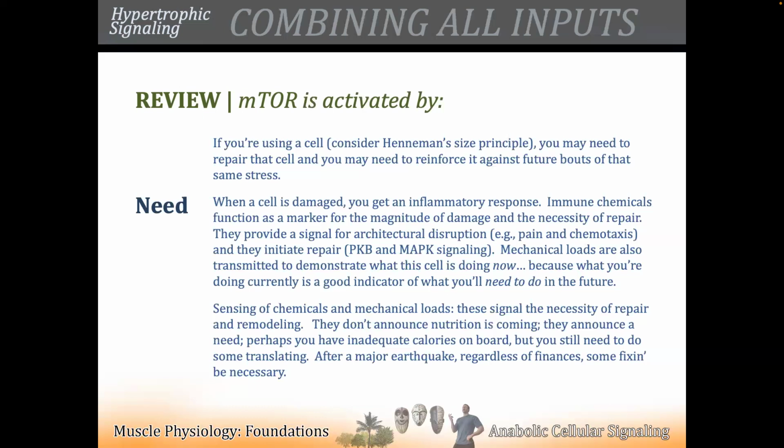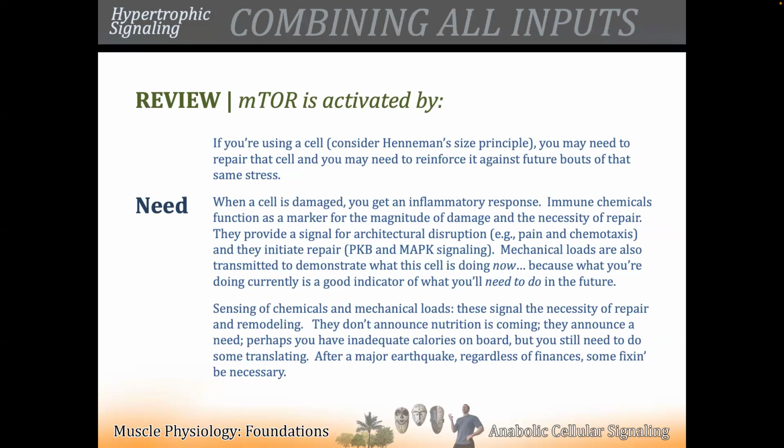Now, the categorical inputs of mTOR would be need, nutrition, and assumption of nutrition. And we'll go through them one at a time. I'm not going to read the slides, but you can. And I hope it clarifies why mTOR is regulated in the way that it is.